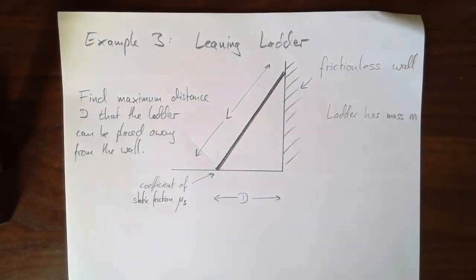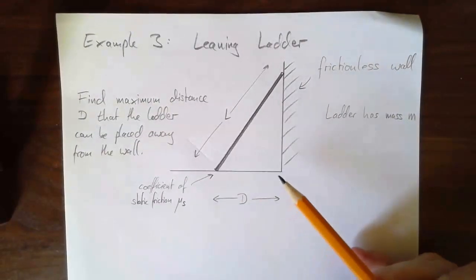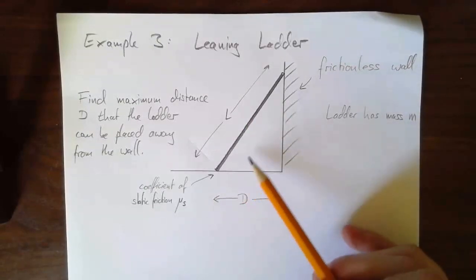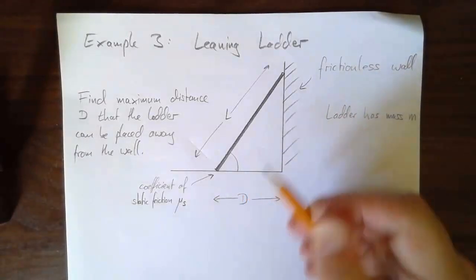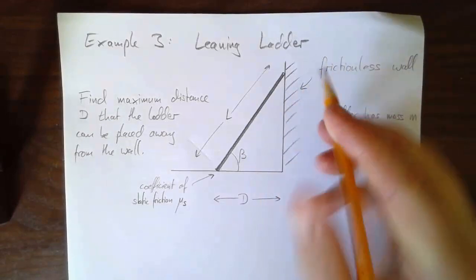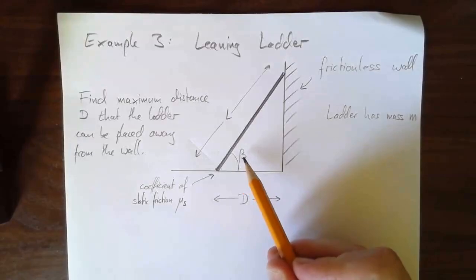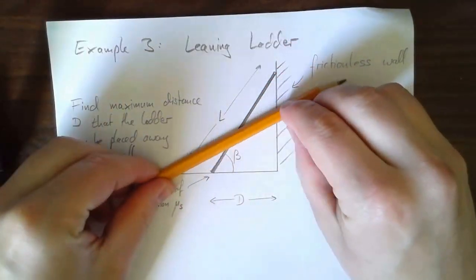So how do I start? Well, this is not necessarily the only way to start, but maybe I can rephrase this problem. Maybe it'll be useful to rephrase it as asking to find the angle, let's call it beta, the smallest angle this can be. Because as the ladder moves away from the wall, beta is going to get smaller.